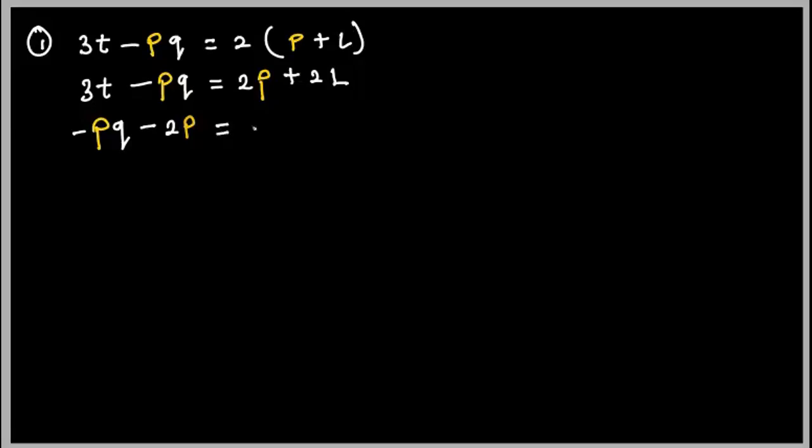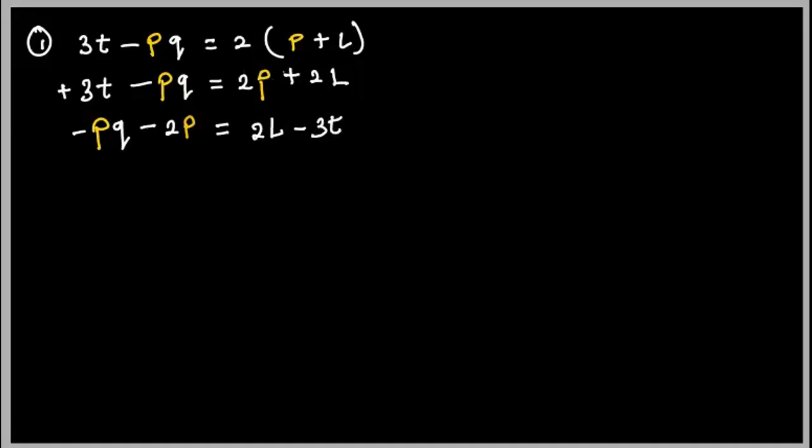Already on the right we have 2L. But 3T is on the left, so it's positive here. If 3T comes over to the right, it becomes negative. We have minus 3T.